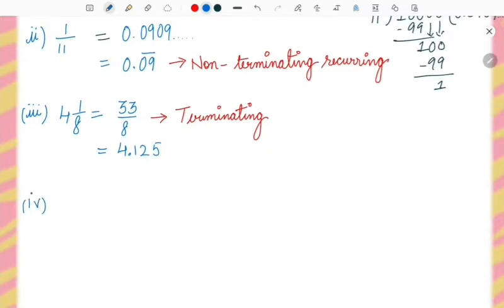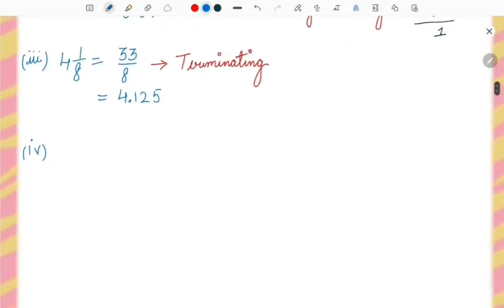Let's come to the fourth part. What do we have? 3 by 13. Let's solve this again. Let's divide 3 by 13. 0. 13 2s is 26. The remainder would be 4. Add another 0. 40. 13 3s is 39.